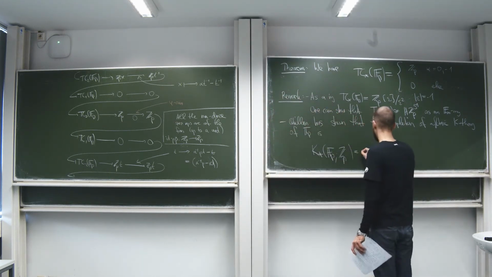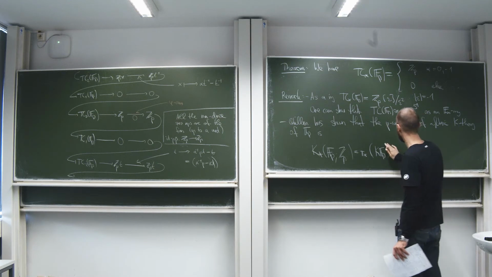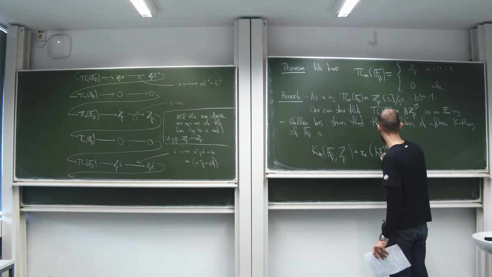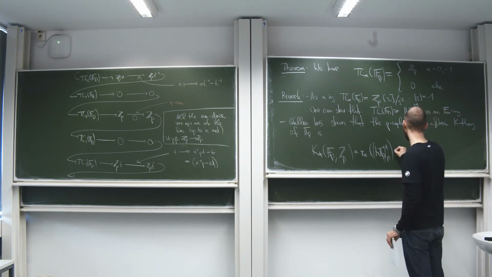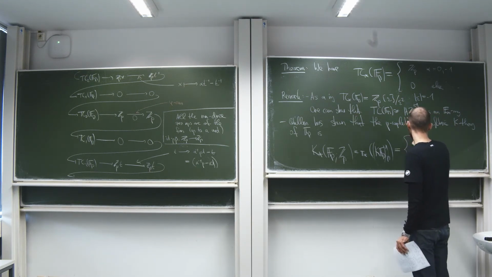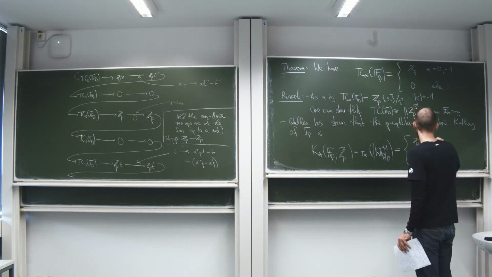So this is just pi star of, I mean, we didn't talk in this course about algebraic K-theory, but that's also a spectrum. And then you p-complete that. So that's the characteristic. Then this is actually isomorphic to Zp for star equals 0 and 0 else.